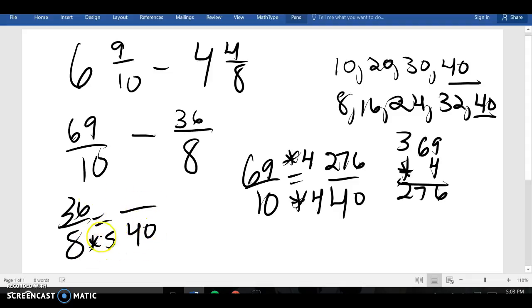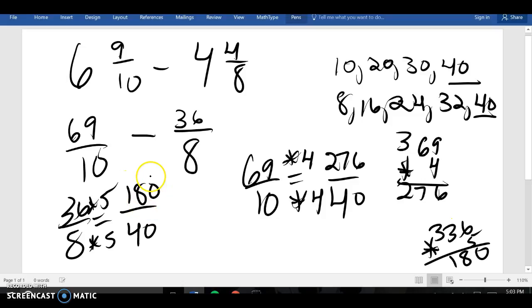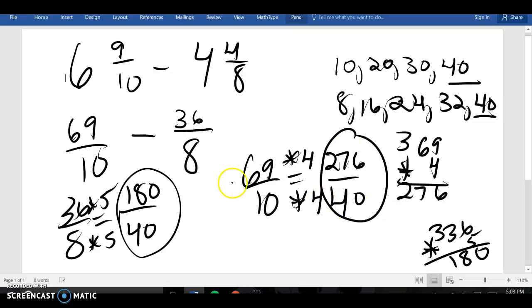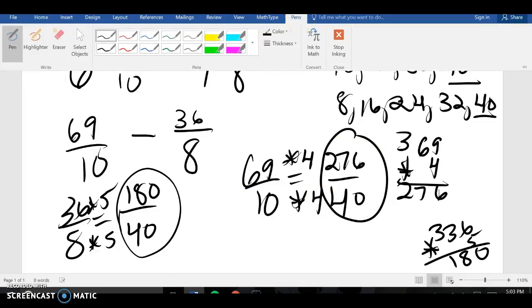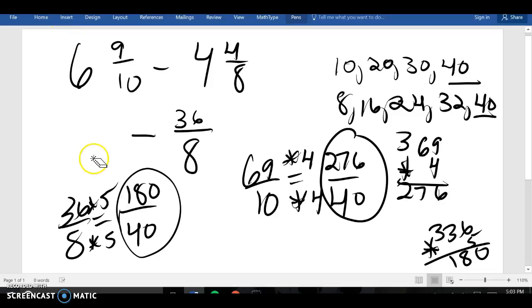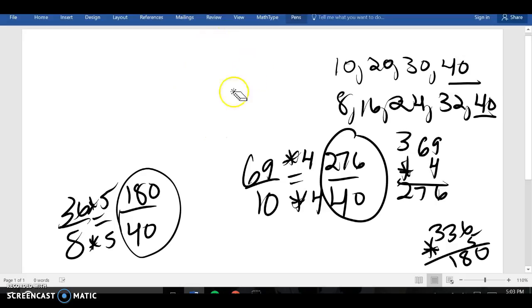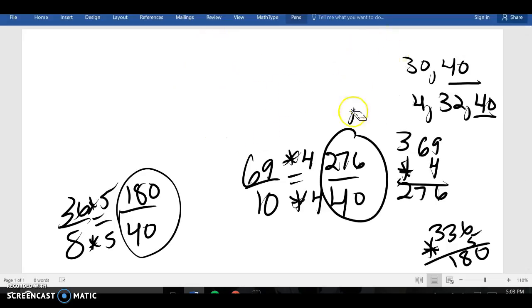Multiply by 5 again with the very large and obnoxious numbers. You get 180 over 40. Alright, so our new fractions, just so we're clear on that, 276 over 40 minus 180 over 40. So I'm going to erase the rest of this stuff so I have a little bit of room to work. You don't erase, you keep everything. Make sure it's neat and orderly.